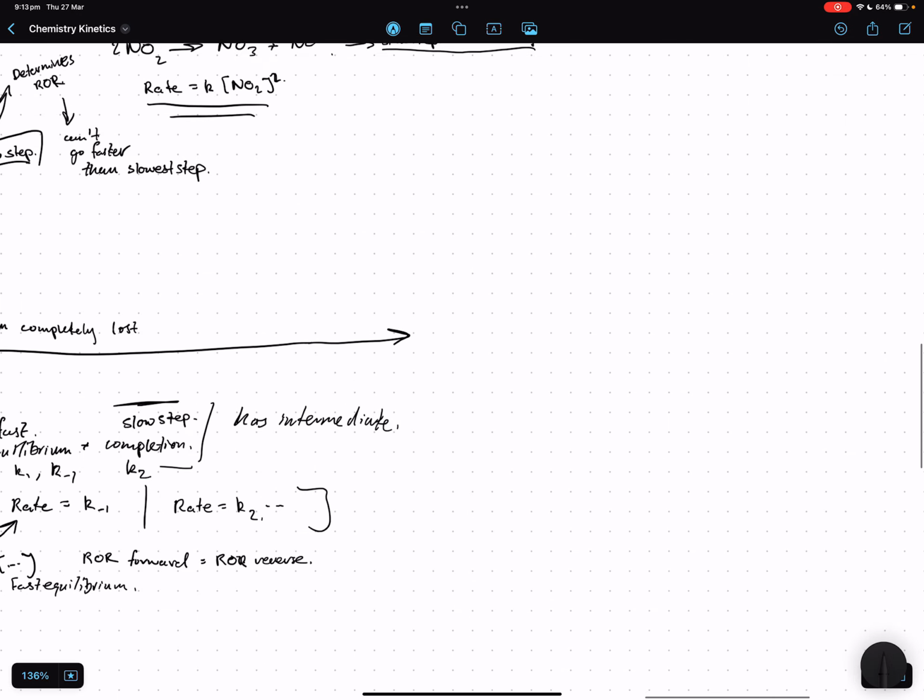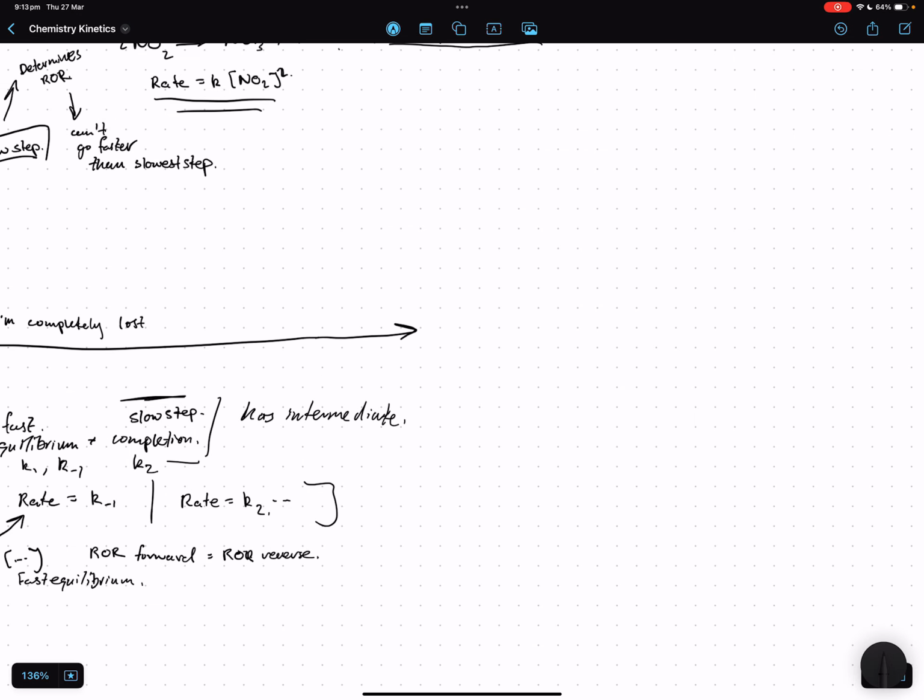So this sort of equation, we can use it to determine a rate.